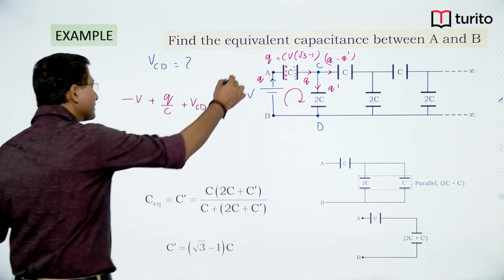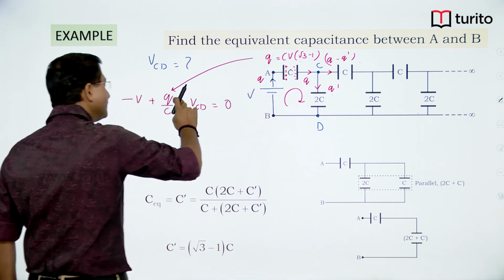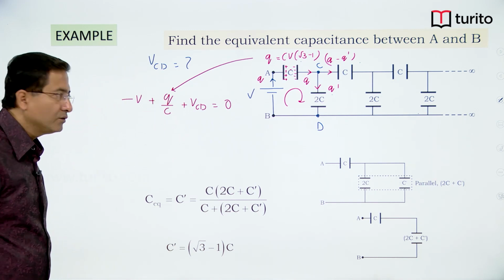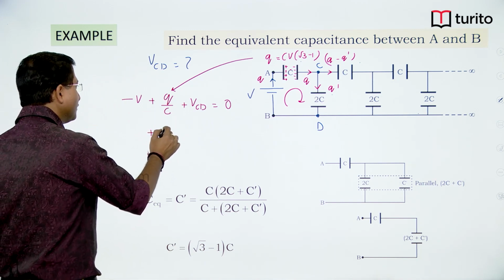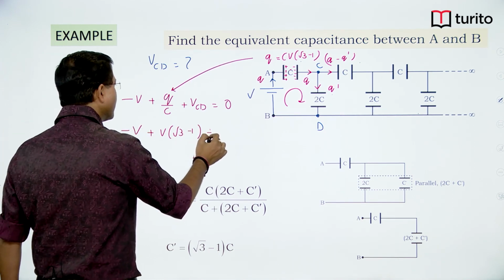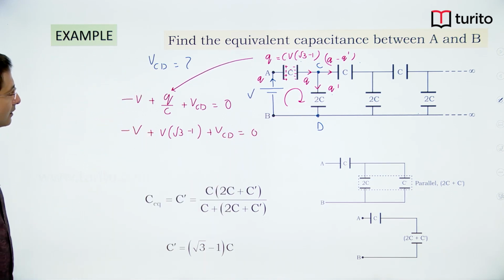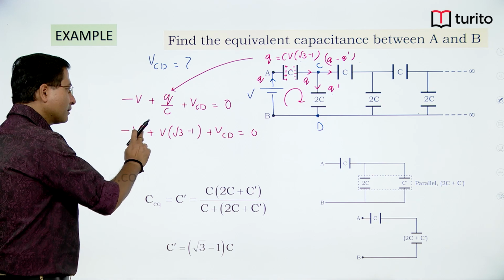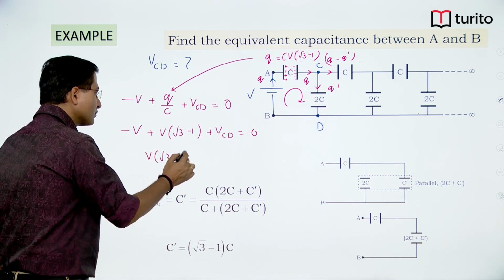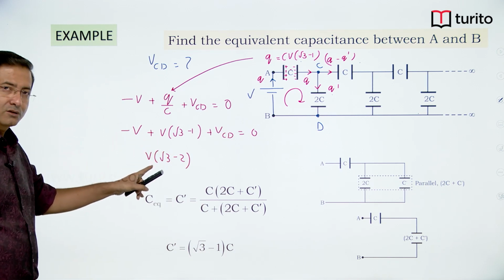Now I can substitute the value of Q here: CV(√3 − 1), C will get cancelled out. Here I can see V(√3 − 1) minus V plus VCD is equal to 0, and this will become V(√3 − 2).